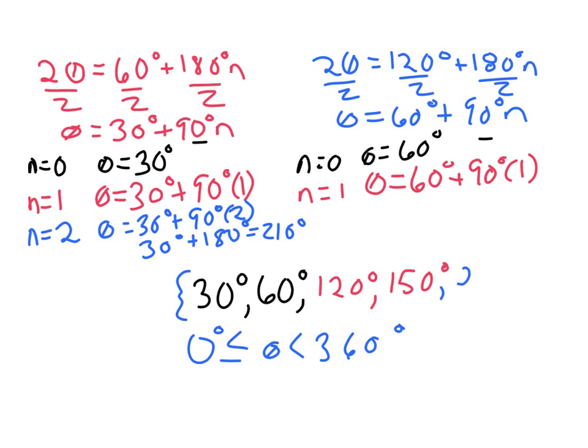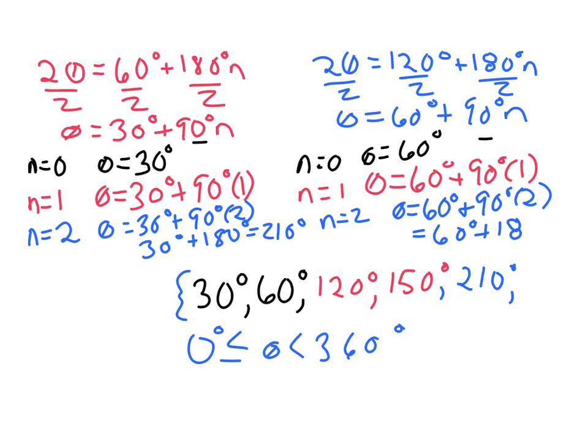And that's still in the interval between 0 and 360, so that's another solution. If n equals 2 over here, theta equals 60 degrees plus 90 times 2. So that's 60 plus 180, and that's 240, which is still less than 360, so we can keep going.